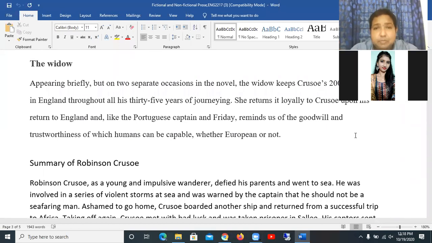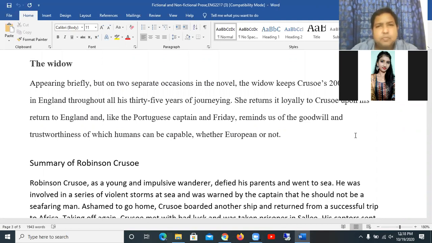Trustworthiness is something which is imbued within human beings, and that was all about the characters of this very famous novel, Robinson Crusoe, that is regarded as one of the modern classics, and these are the main characters, of course.